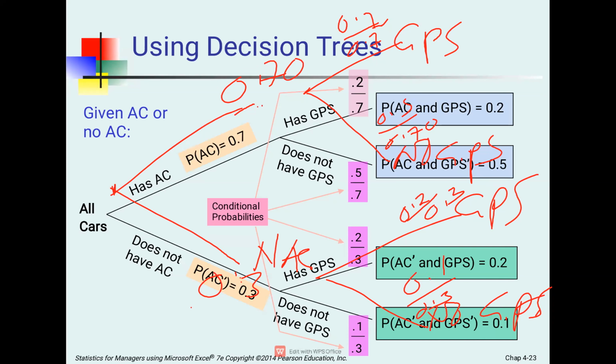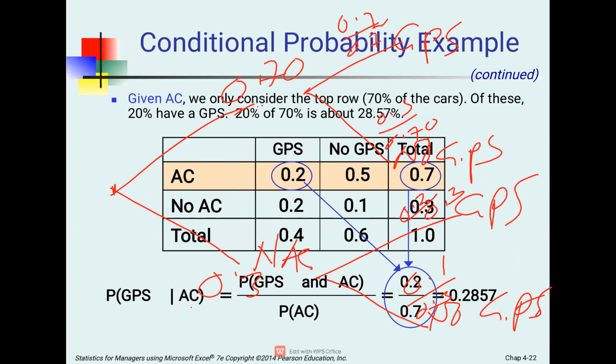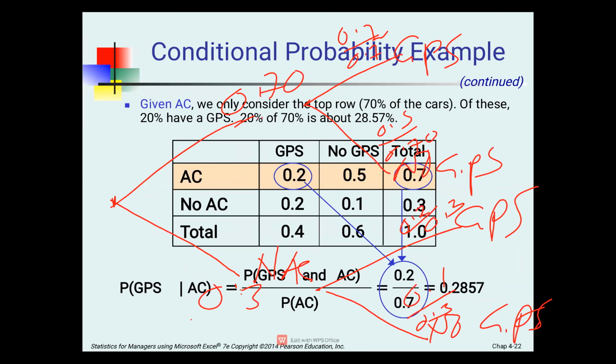You're given the probability of a car having air condition, 0.70, and then the probability of a car having GPS, given that it has air condition, which is the one we just calculated in the background.